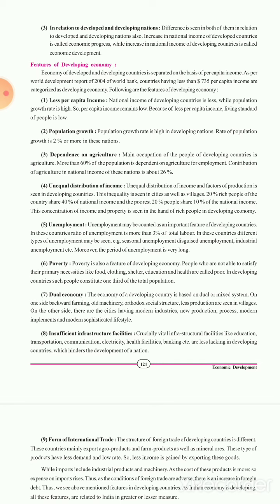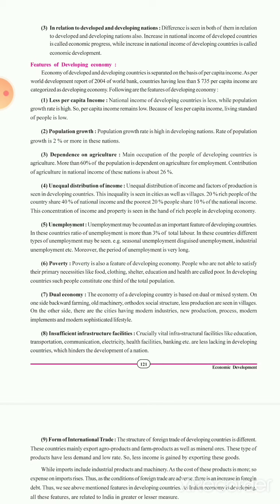Now, if we are able to provide them irrigation facilities, then a farmer can go for a second or a third crop, but it is not possible in the entire nation. And that's why the people are jobless for a long time.